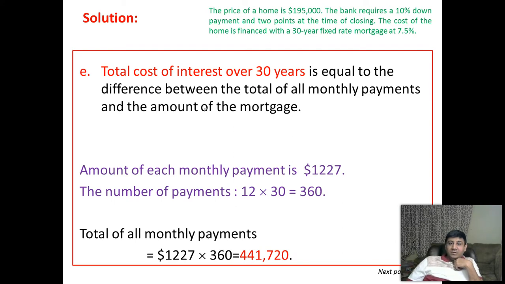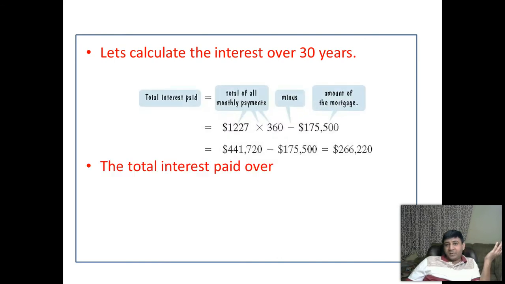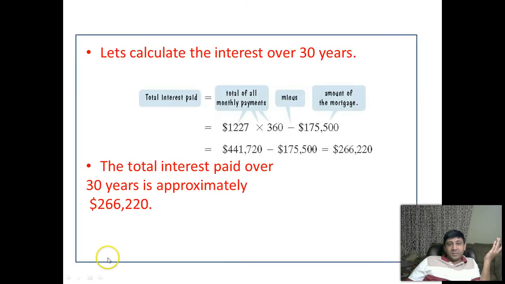Huge, more than double. Anyways, let's calculate the interest. The difference will be what we will pay in interest. So the total interest paid over 30 years is $266,000. That much interest we will pay on a 30-year mortgage loan.